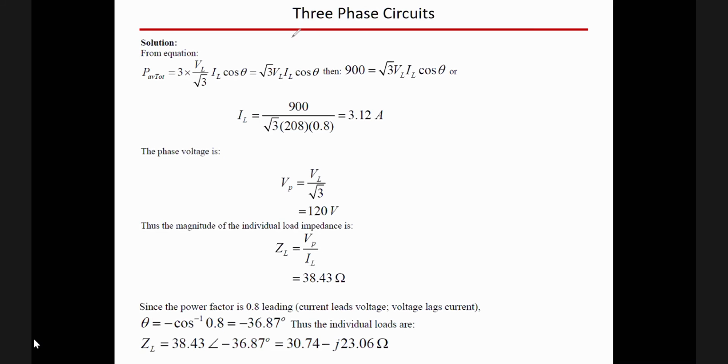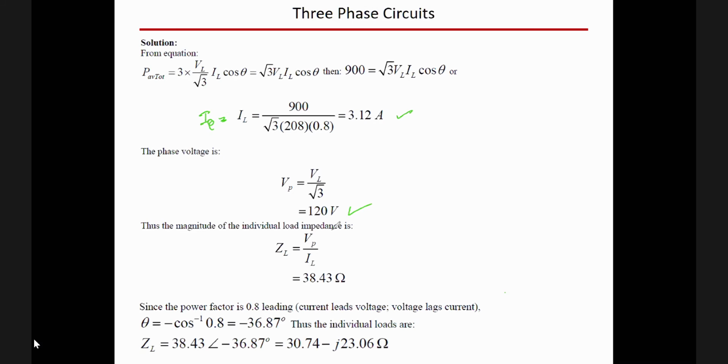So what you see in the solution here is almost similar to the solution that I explained. But here, for example, he is finding the magnitude of line current, which is the same as phase current. Only the magnitude. He's finding also the magnitude of the voltage without angles.